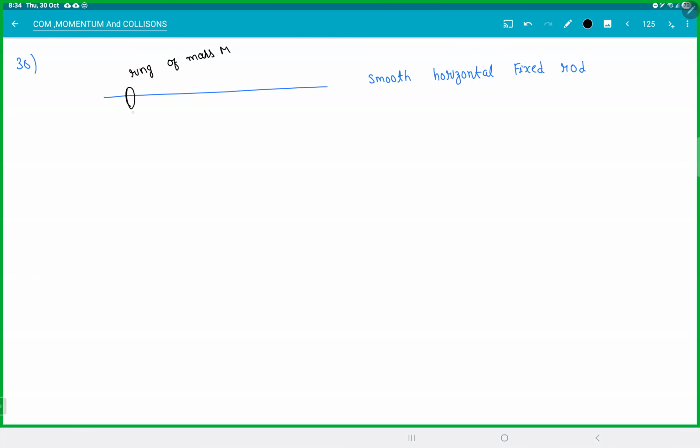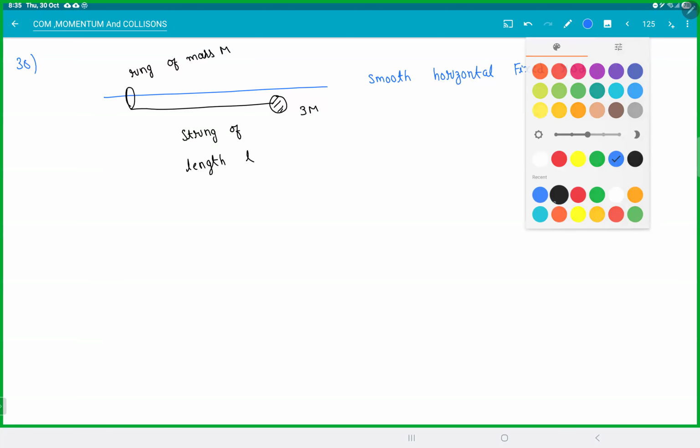This ring is tied to a ball of mass 3m by a string of length L. So when you release this, what will happen?